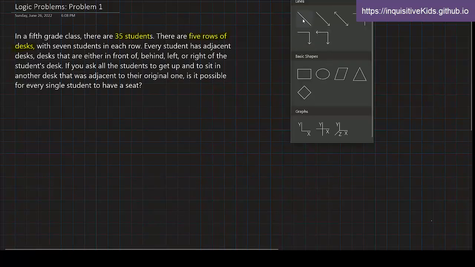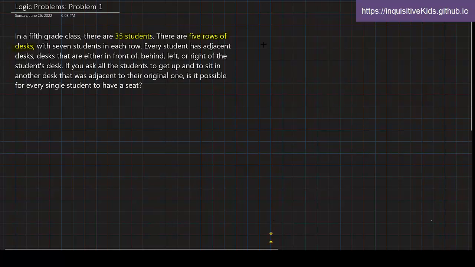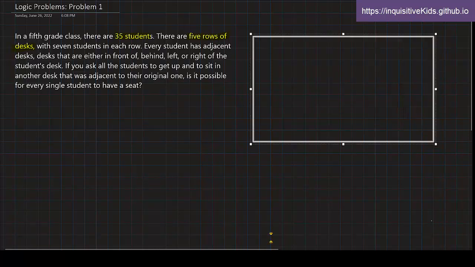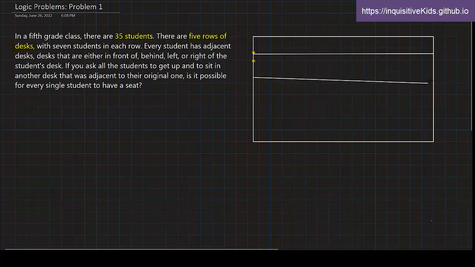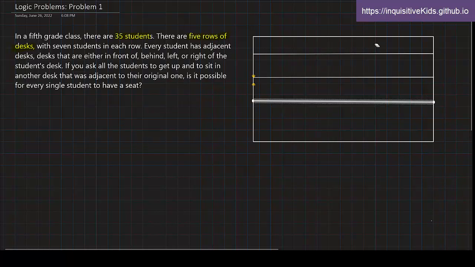Let's first visualize this. I'm first going to draw a rectangle and make the lines. So 1, 2, and this is not perfect, but it's going to work. Just this sketch is fine. 3, and 5 rows. Okay. Now we're going to have 7 students in each row.